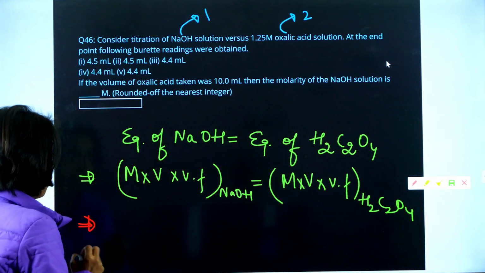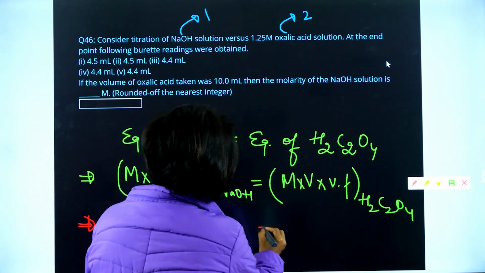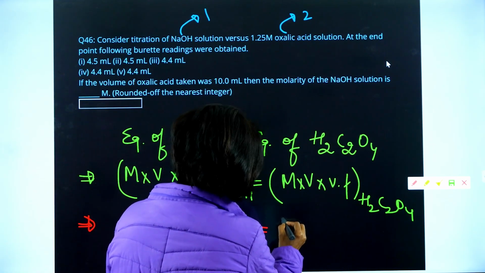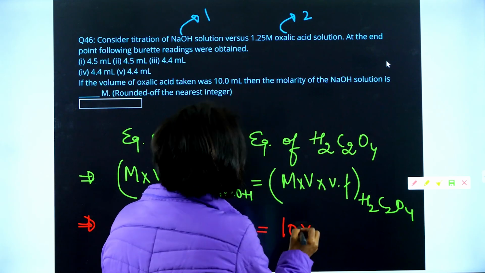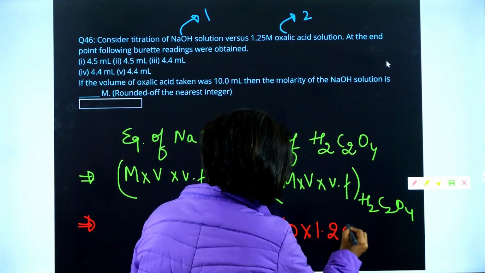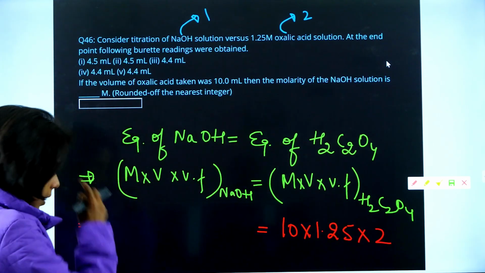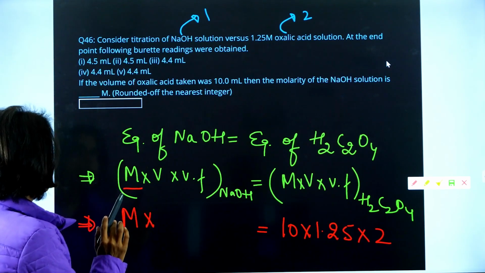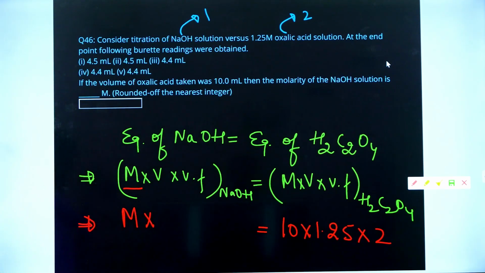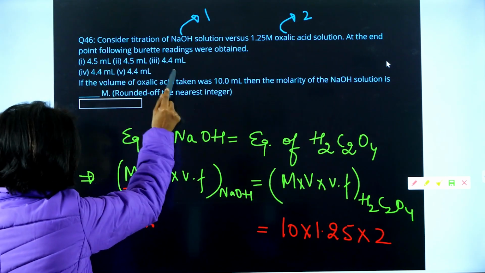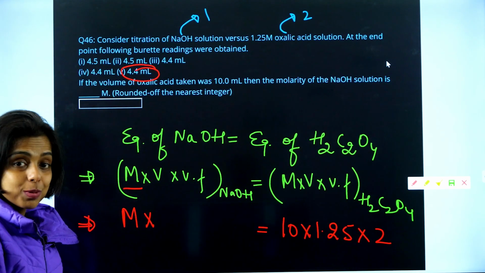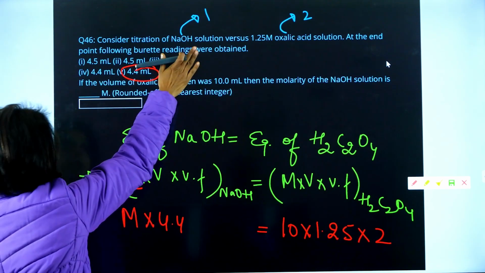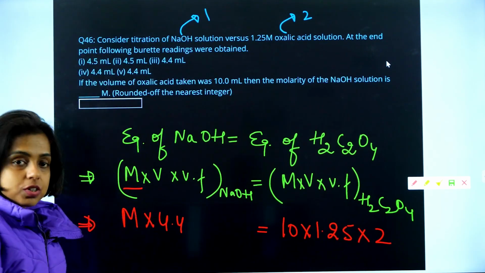Now let's have a look at what is given to us. The volume of oxalic acid is 10 ml. Molarity is 1.25. Valency factor is 2 here. And here, molarity of NaOH I am supposed to find. Volume again I will take in ml because both sides I am taking in ml. So the readings are given to me. By looking at the most probable data, the value we should put is 4.4, the most recurring value.